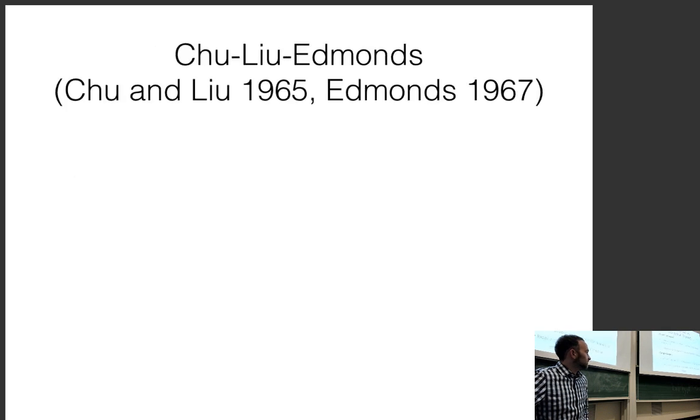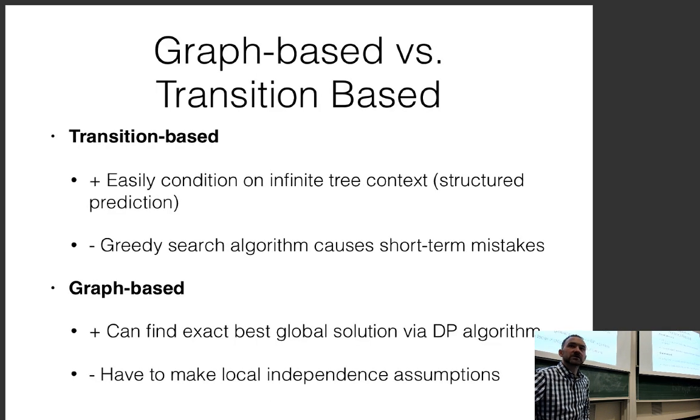So in first order graph-based dependency parsers, the assumption that they're making is basically that each edge, given the input, can be scored independently of all of the others. And I'll talk about why this can be a problem later on. But basically what you do is you take in your input sentence and you give a score to each edge before you even calculate which edges actually exist in the graph.